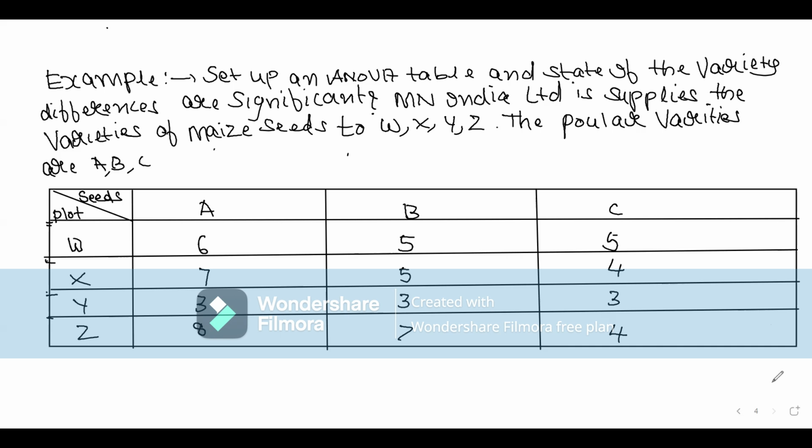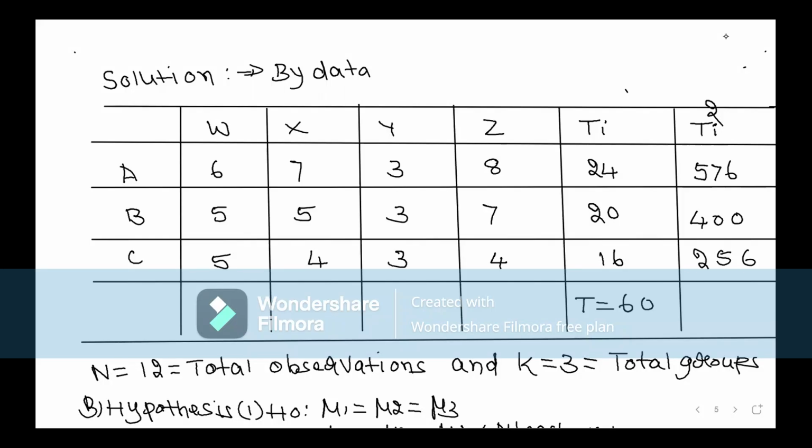Okay. Now, for this purpose, solution. Yes, my dear students, the solution to this problem by the data, whatever the examiner has given you, here you have to write them.